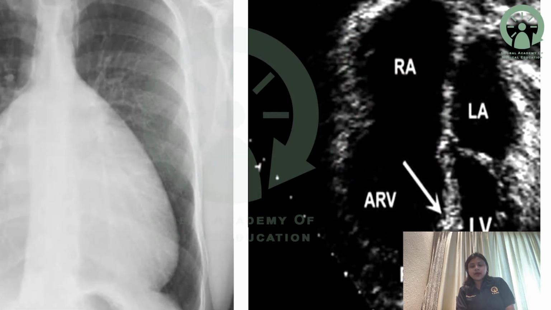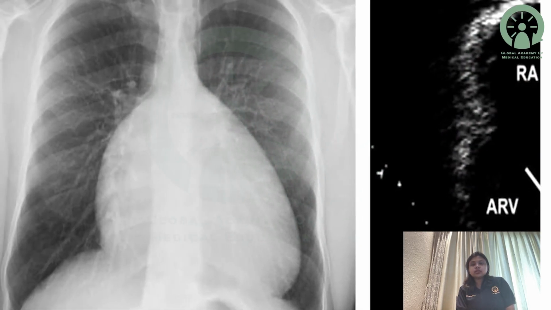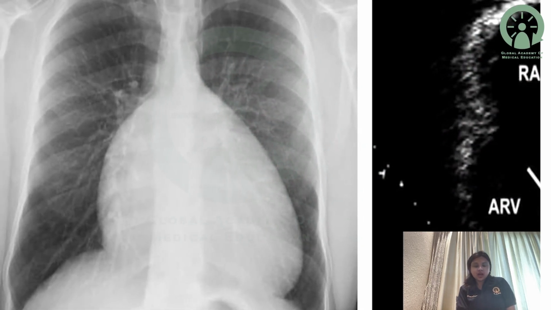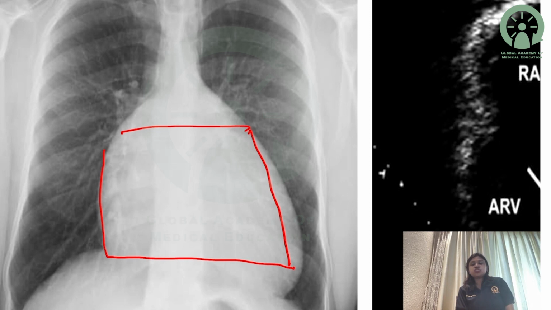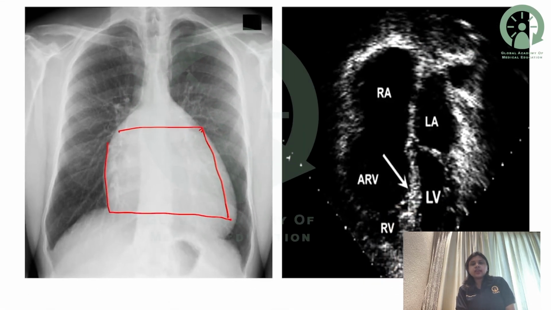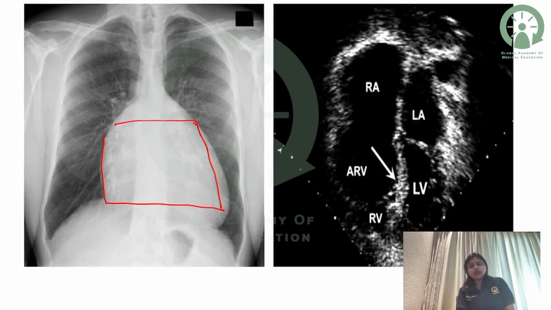Now let us go back to the chest X-ray and see. So this is nothing but a box-shaped heart. Okay. So remember, this is a box-shaped heart. And this box-shaped heart we are going to get in a condition which is known as Ebstein's anomaly. Okay. So this is a cyanotic congenital heart disease. This X-ray image and the echocardiographic image is suggestive of Ebstein's anomaly.